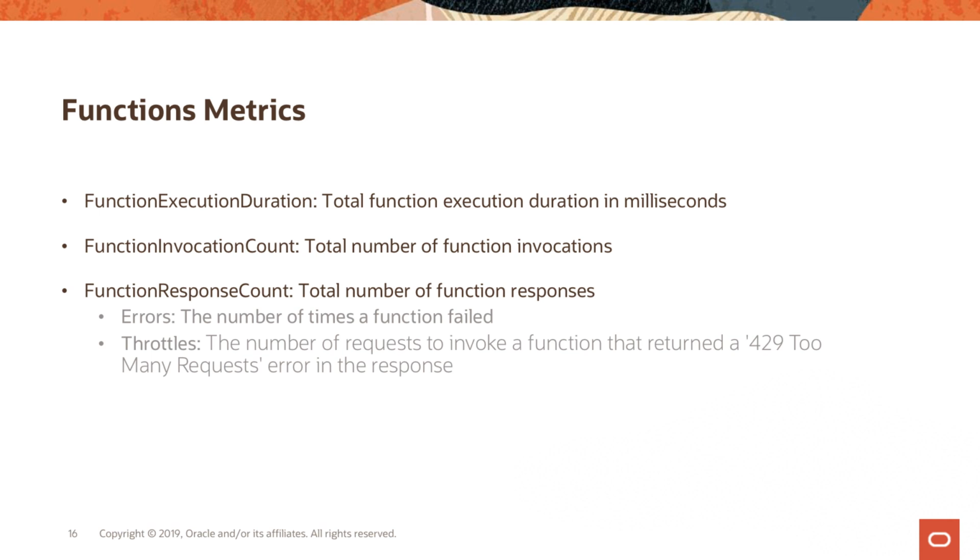The useful information is related to the total execution duration of your functions in milliseconds, and the invocation count of how many times a function got invoked. And then there are response-related metrics in terms of the number of errors, the number of times a function has failed, and throttles, which means the number of requests that returned a 429 error code of too many requests.